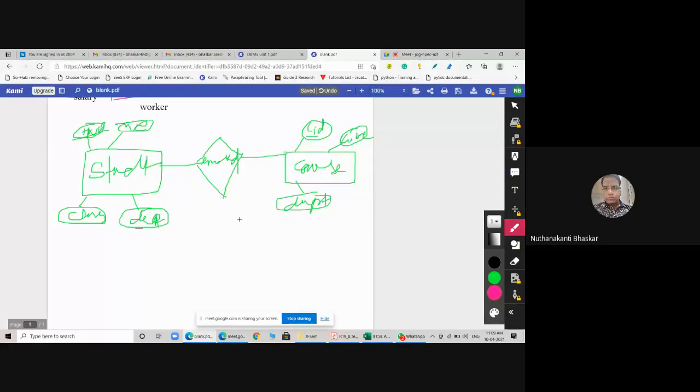One more example. Can anyone please tell me one more example of a binary relationship? Please write it in your notes. Any one of you, please tell me another example. Passenger books ticket.